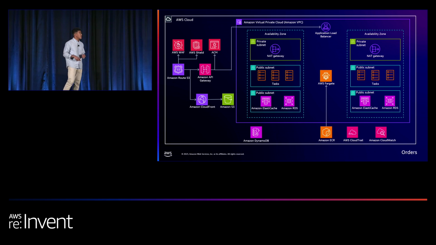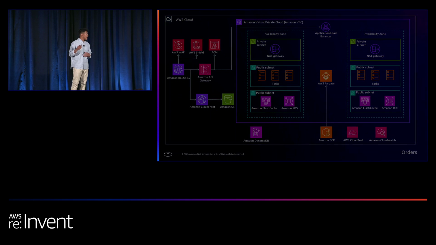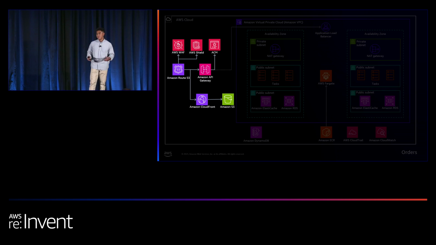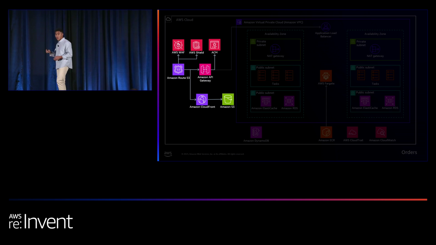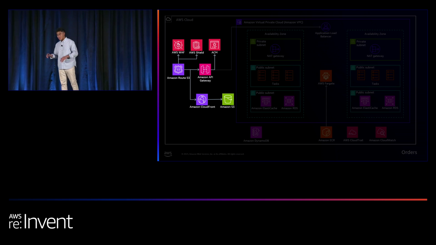Now, that said, let's take a look at the first layer of our architecture, our API layer, AKA the front door in my lingo, the entry to a club. In this entry, we got the best bouncers and security guards, called WAF and Shield. We also got an amazing host named Route 53.